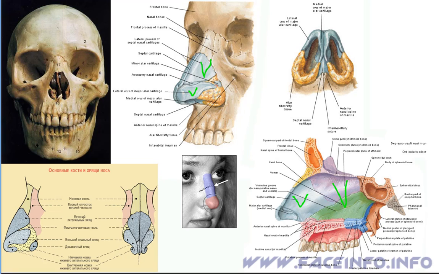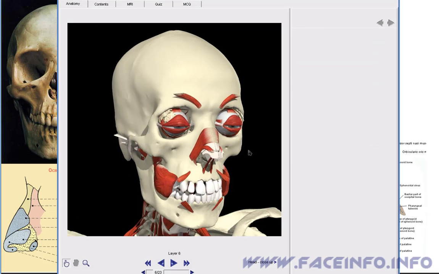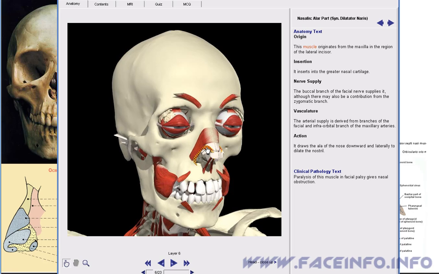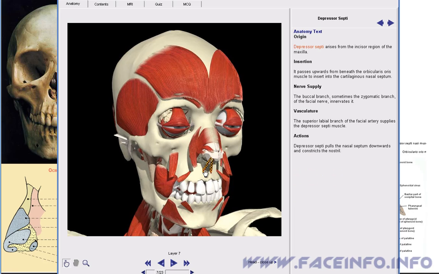And these are muscles of the nose. The transverse part of nasalis, the alar part of it, and this is the depressor septi nasi muscle that lowers the septum.